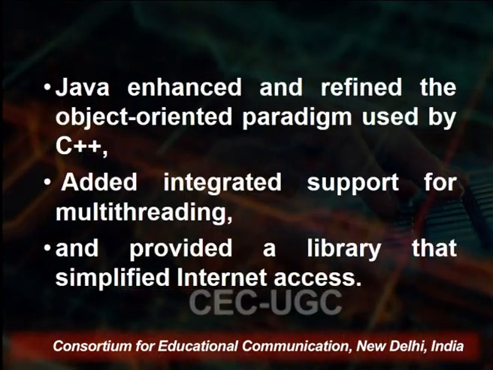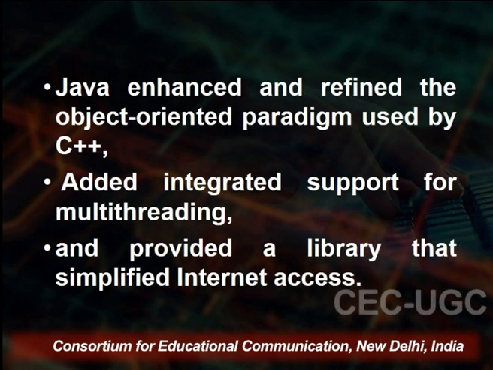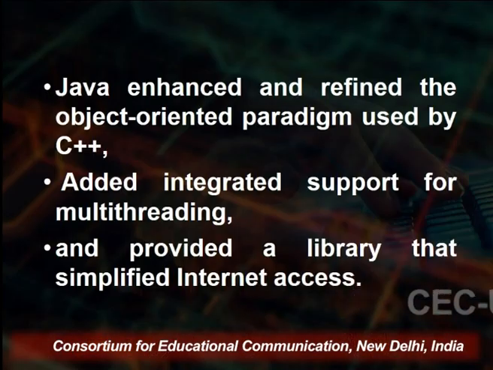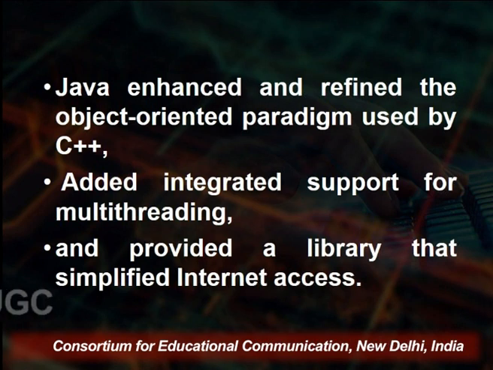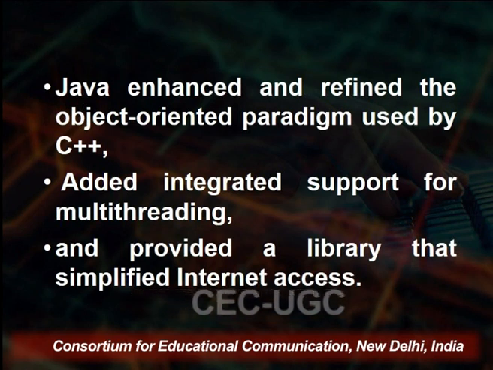Now yes, we can say that Java enhanced and refined the object oriented programming paradigm which was used by C++. So Java is also using that object oriented paradigm, but in a refined and enhanced manner. It also added support for multi-threading. Also it provides a library to simplify internet access.